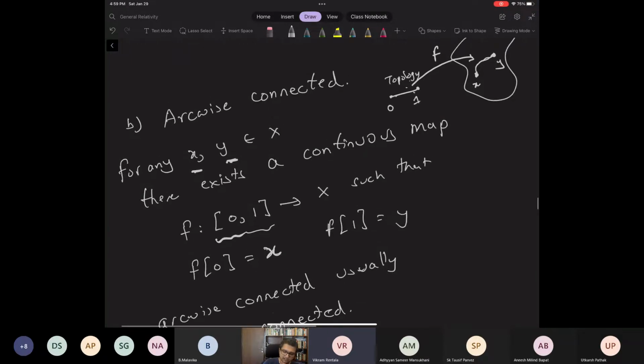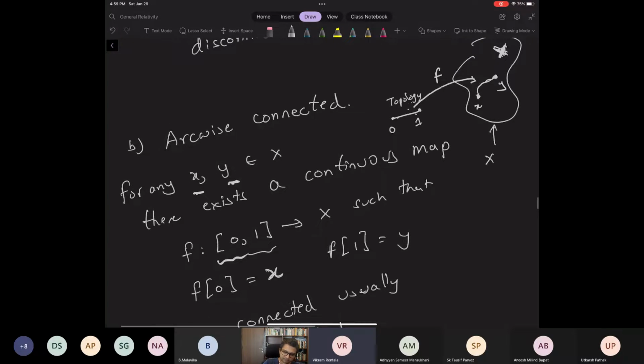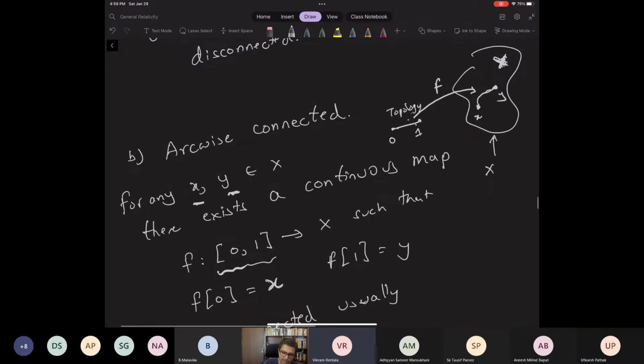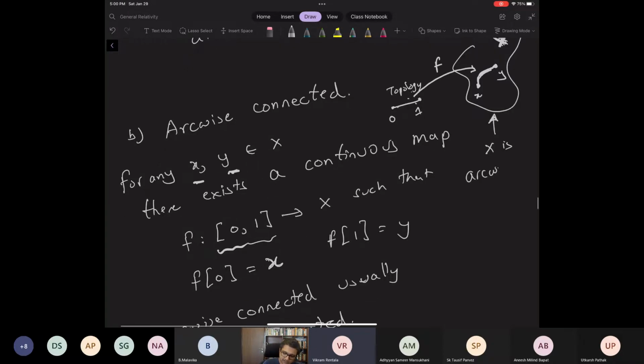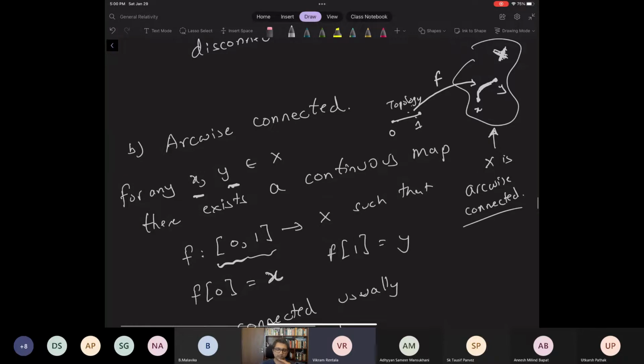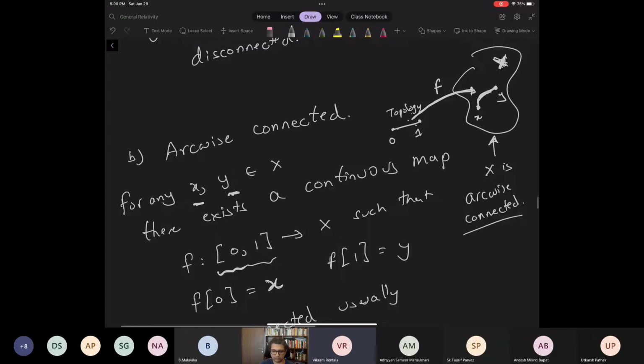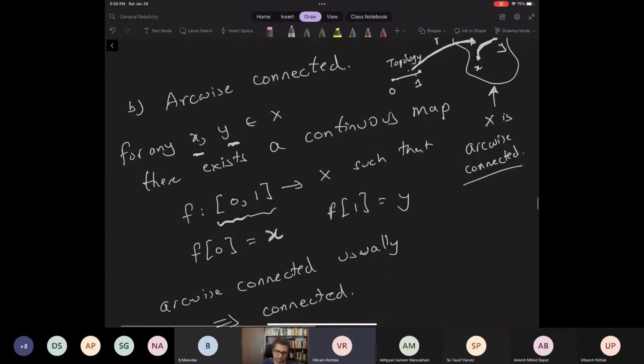If I can always find a curve like this which connects x and y, then you would say that this topological space is arc-wise connected. That is, any two points x and y can be connected by an arc, by a path from 0 to 1. So this is a map f which is continuous in the sense of continuity as we defined in topology.